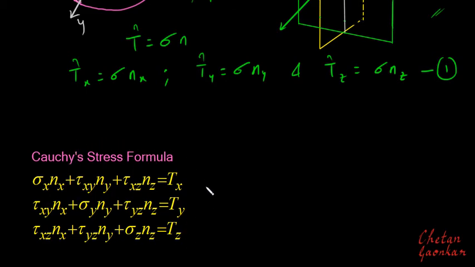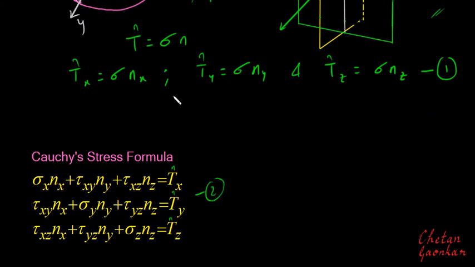This is the Cauchy stress formula which helps us find the stress vector on any arbitrary plane, with outward normal also n. Let me consider this as our equation number 2, our Cauchy stress formula.